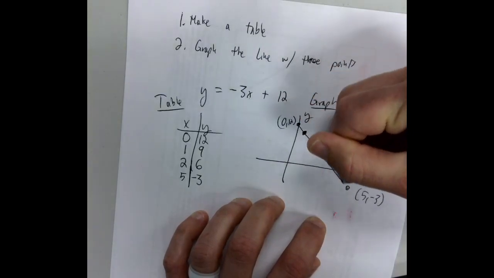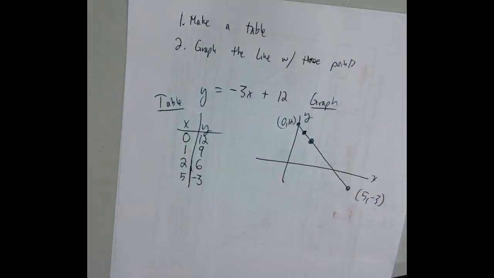So we just graphed the line by doing what? What did we need to give ourselves a chance to graph the line? The equation. The equation led us to the points, and the points gave us the graph of the line.